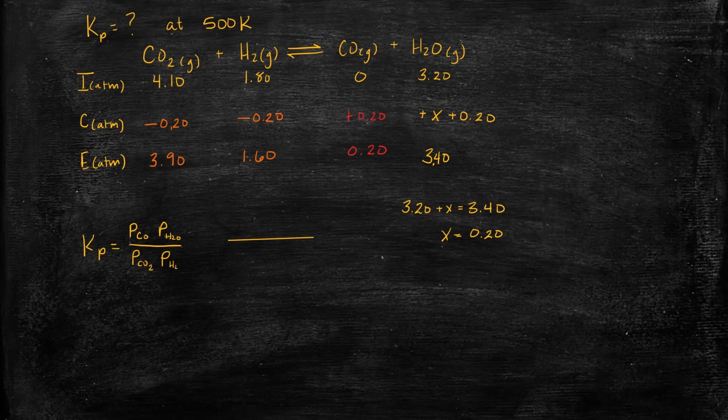Now remember, it's going to be products over reactants. So for the partial pressure of CO, we calculated it as 0.20. The partial pressure of H2O is 3.40. And then our two reactants are going to go on the bottom at 3.90 and 1.60. And so when we plug everything in, we get 0.11 if you plug all of that into your calculator. And so that's our final KP.